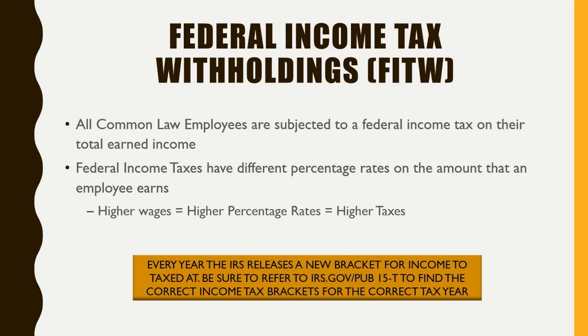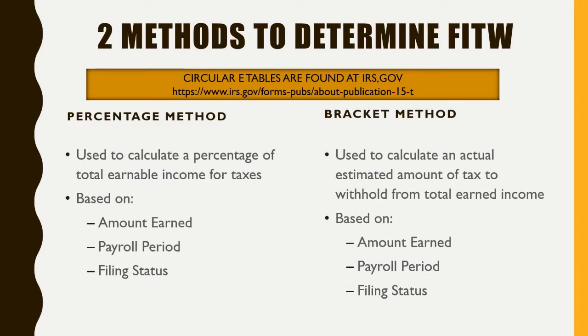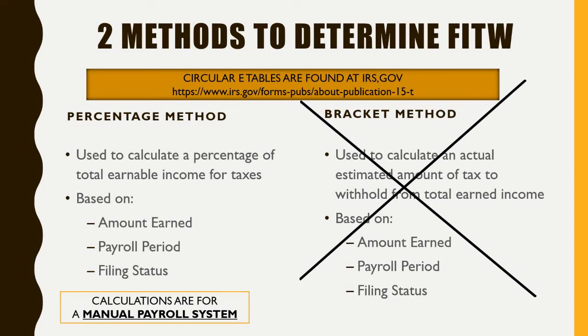Okay. Now, once again, how do we determine all of this? So once again, you need to have the individual's W-4 form because that's going to tell you how you're going to be taxing that individual. Okay. Now, there are 2 methods on how to calculate or to determine FITW. And guess what? I'm only going to teach you one. You're not going to learn about the bracket method, okay?